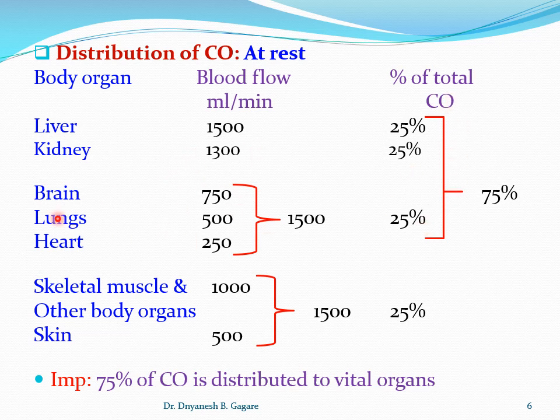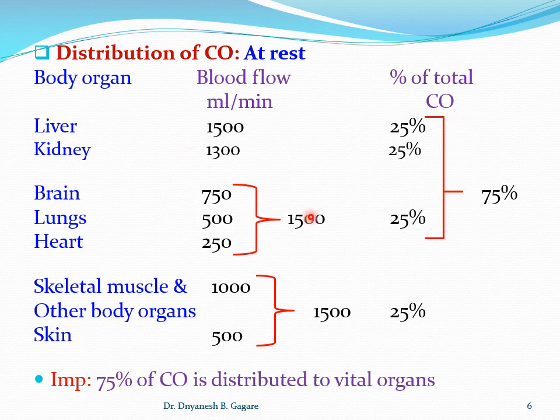Okay, now here skeletal muscle and other body organs get 1000 ml blood, and skin, that is the surface of the body, or we can say the whole skin, gets 500 ml, so that total becomes 25 percent of cardiac output.